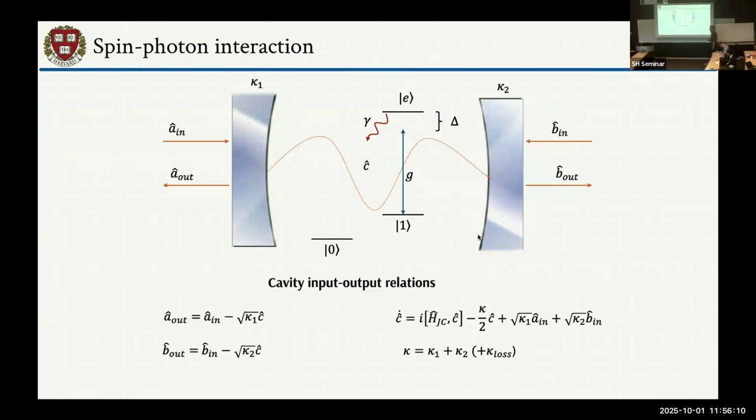Right. If we need to solve this, we also need an equation of motion for that operator, the sigma minus. So next task, what is the equation of motion for that? Here, you basically just need to use this one.